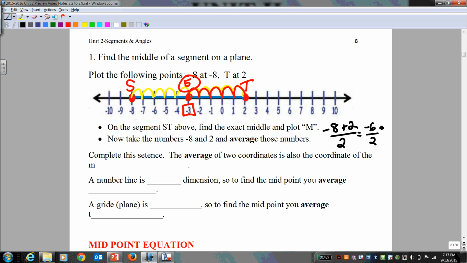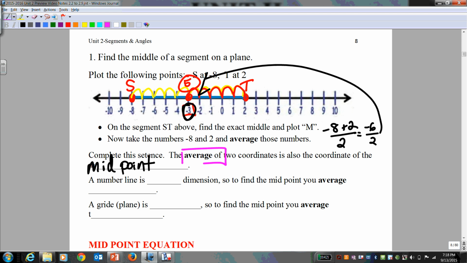Lo and behold, you get -3. So the average of the two coordinates is also the coordinate of the midpoint.